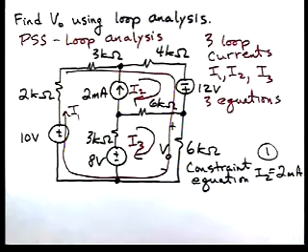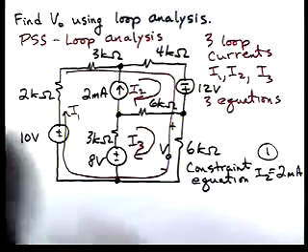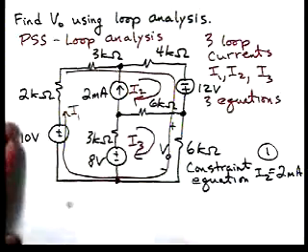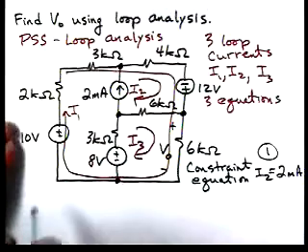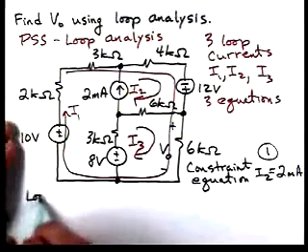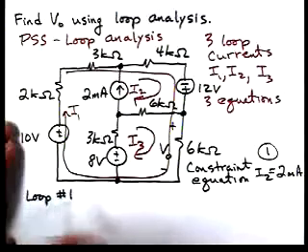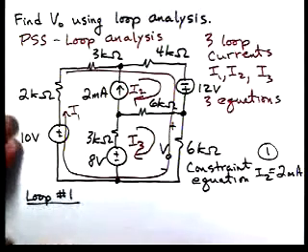Okay, now we're going to want to apply KVL to the other 2 loops to get our remaining 2 equations. So let's do loop 1, which is the outside loop. So for loop number 1, we'll start here.